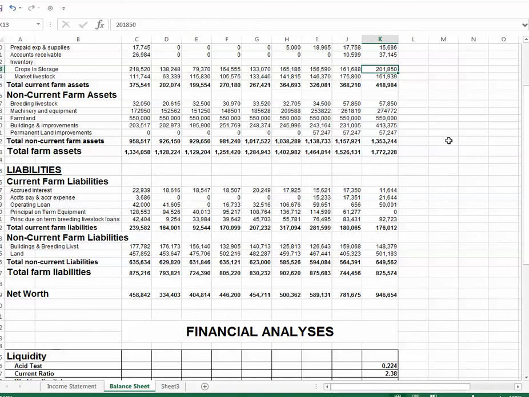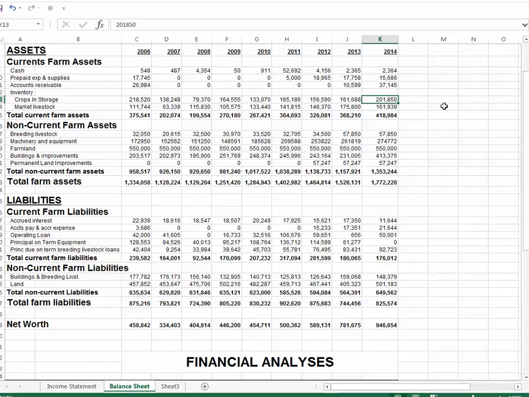Now, if your liquidity was close to 1, which means your assets and liabilities are almost the same, any significant decrease in the price of the commodities you had in storage or your market livestock could actually cause your liquidity to drop less than 1.